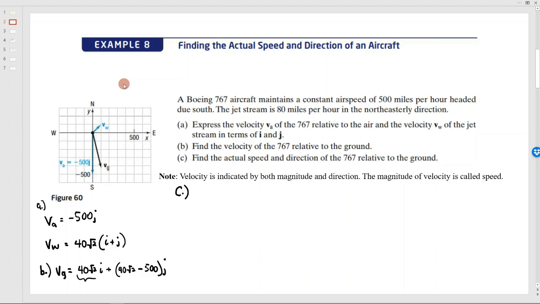So this is the a i and this is the b j. So for VG here, it's equal to the square root of this component part, 40 square root of 2, squared. And then we have 40 square root of 2 minus 500, and we're going to square that.